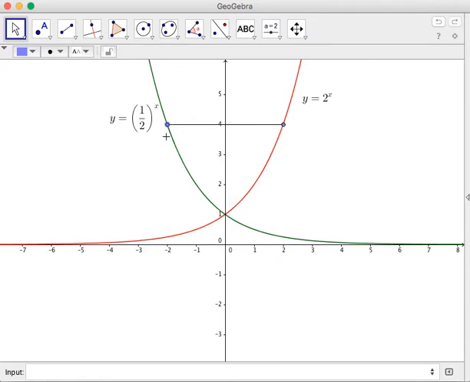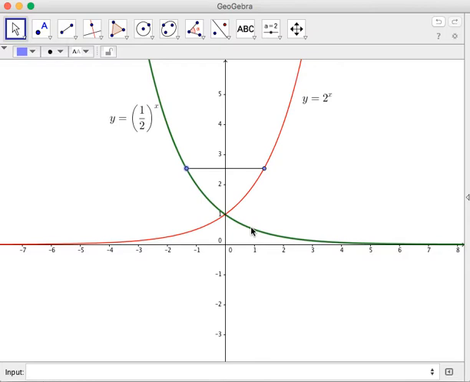For example, here we have negative 2 and 2, because it is a reflection. Here we have negative 1 and 1. Maybe this is negative 1.5 and the other one is 1.5. So basically, the x-coordinate of one is the negative of the x-coordinate of the other.